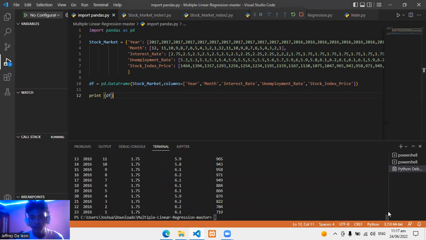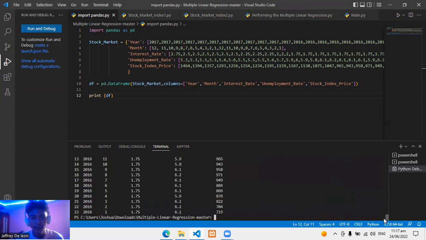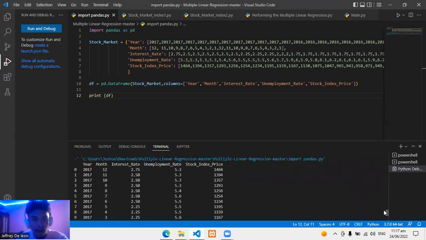So ito po yung output. Makikita po natin yung columns and rows from year to stock index price.